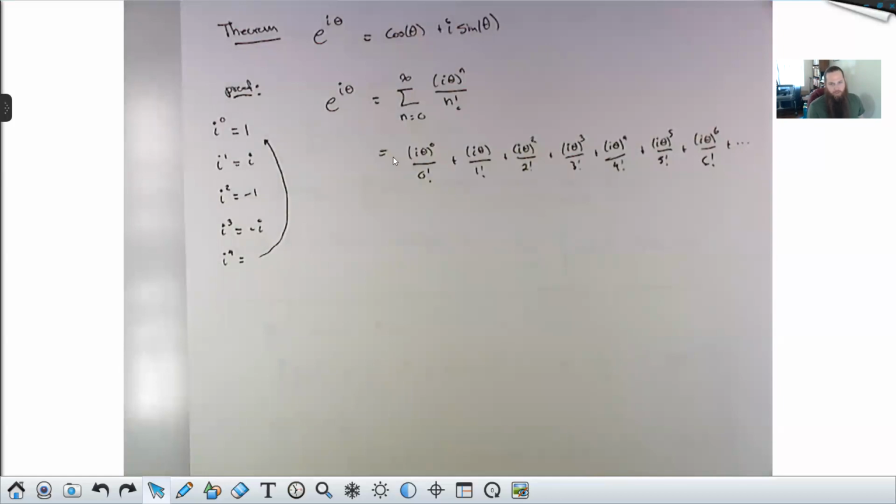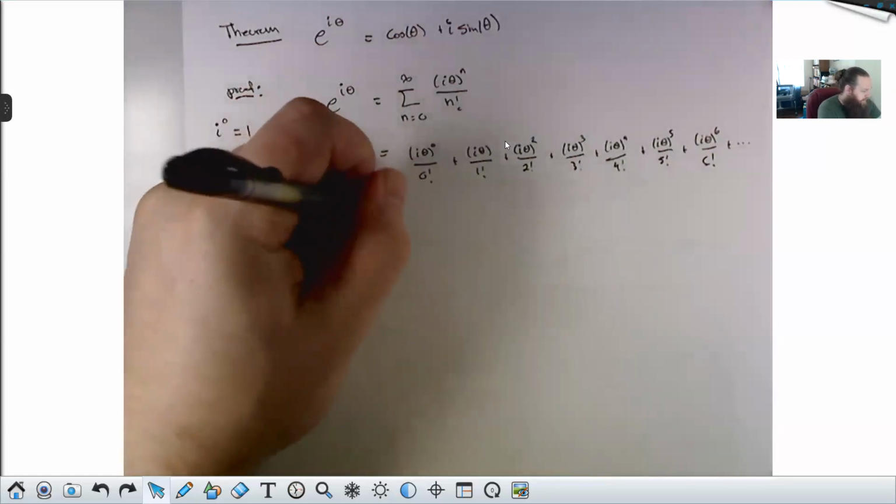I'll leave the factorials as factorials. We're going to clean up the other stuff as much as we can.